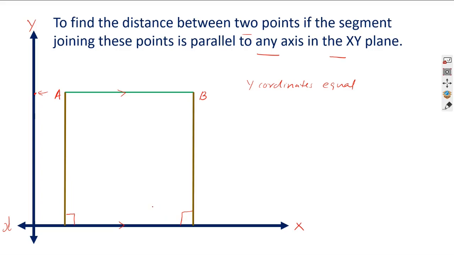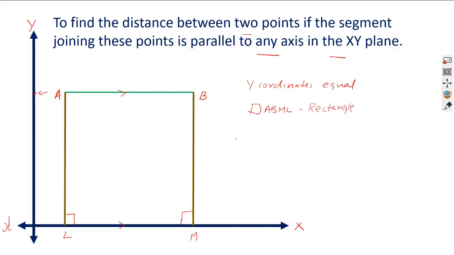When we draw perpendicular to x-axis, now we can see that A, B and these 2 points, which I can name as M and L, altogether has become a rectangle. I can say a rectangle ABML is a rectangle. Rectangle, you can understand, it is having 90 degree all the angles.